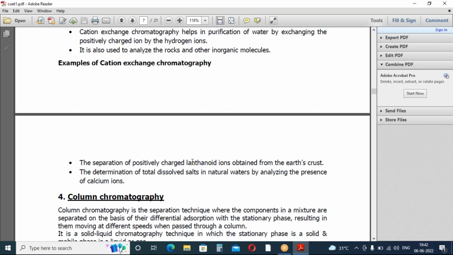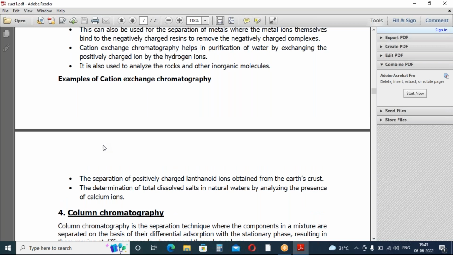And this column chromatography is mainly based on the adsorption with the stationary phase. That causes a separation of mixtures, which move at different speeds when passed through a column.